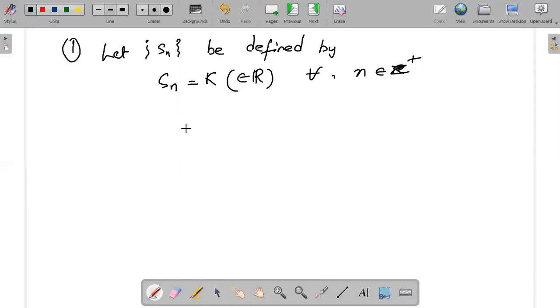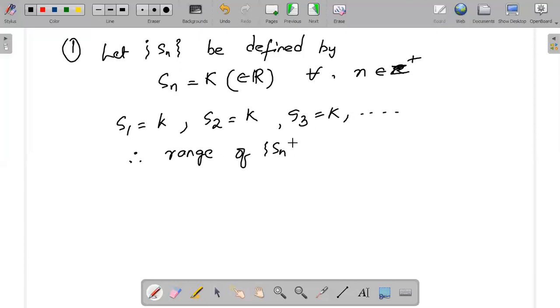Now if I put n is equal to 1, I get S1, that is k again, constant, right? S2 again k, right? S3 is again k, and so on. Now we have already discussed what is the range of this. So the range of the sequence is k itself, correct?